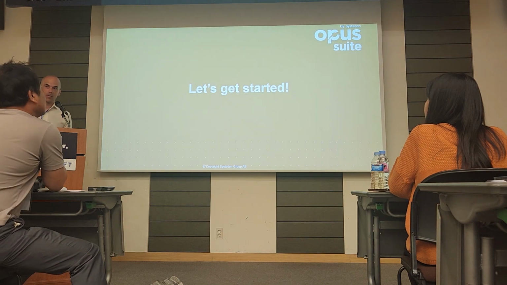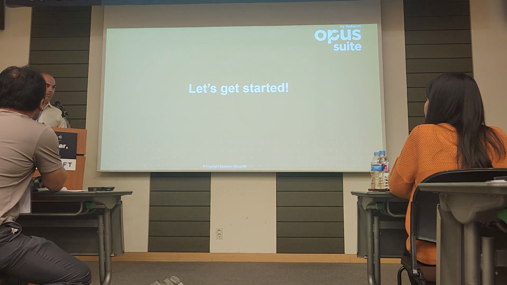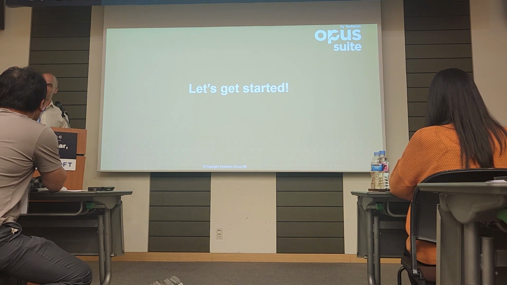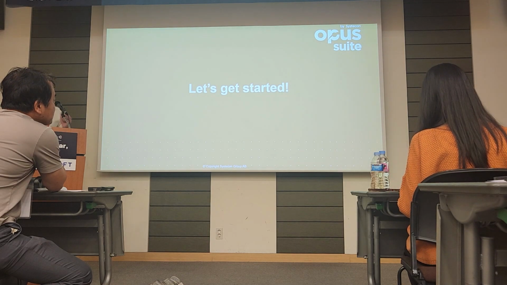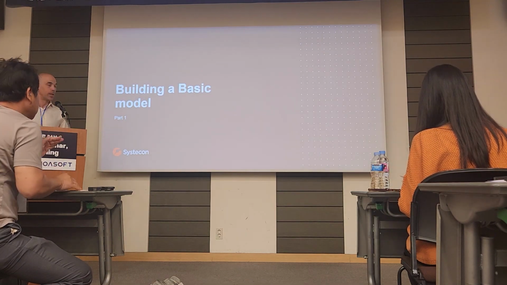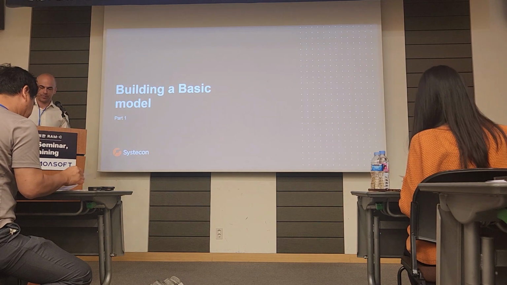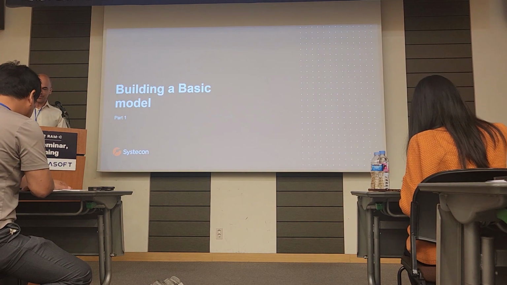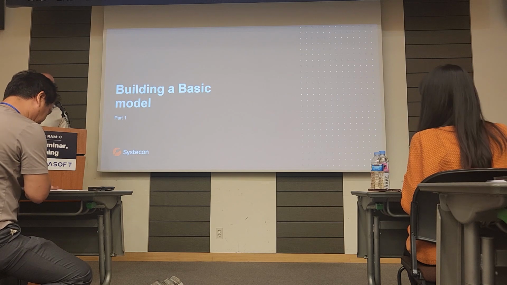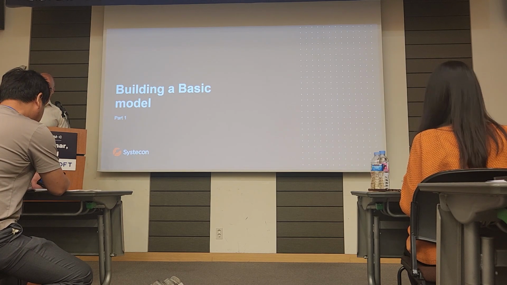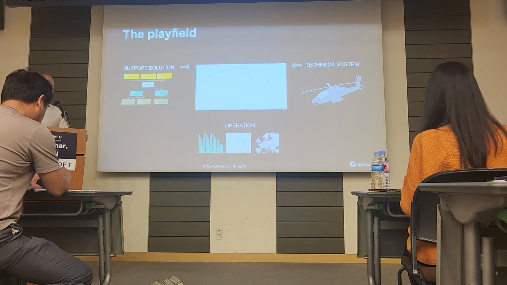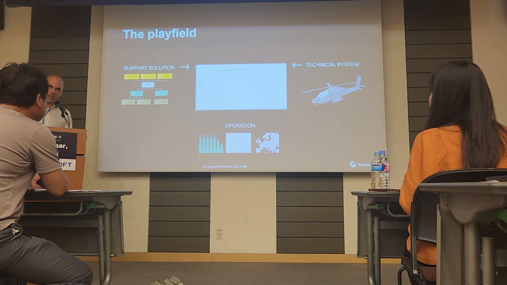Okay, with that overview and some questions and explanations here, I think we should get started with the first topic, building a basic model. I come back to this picture again.